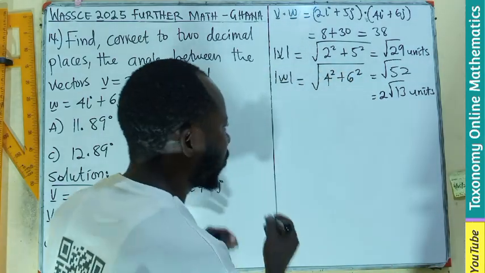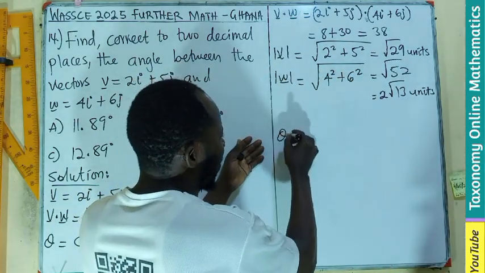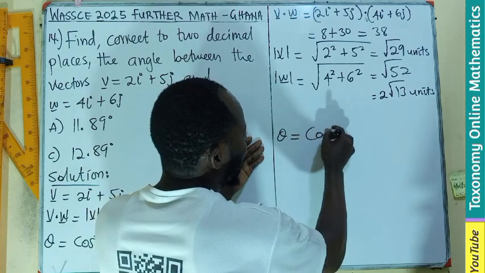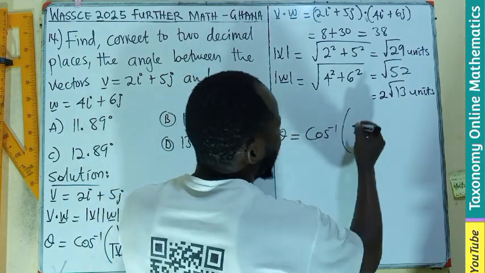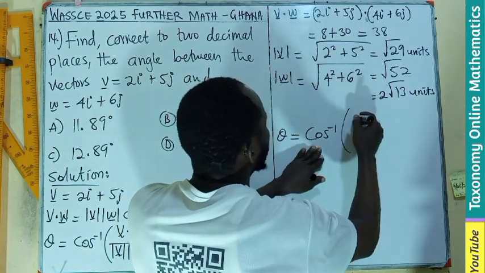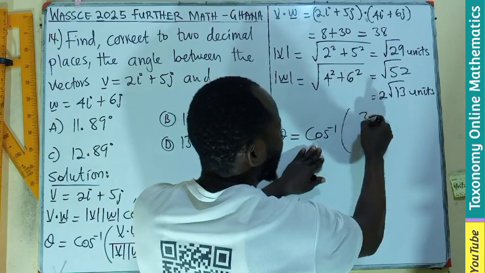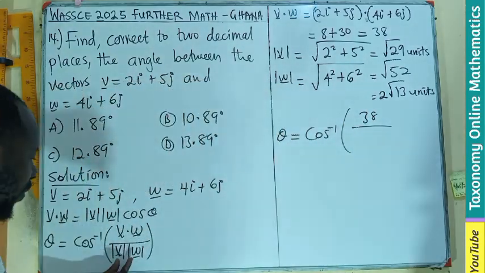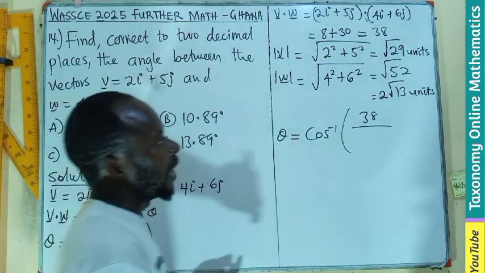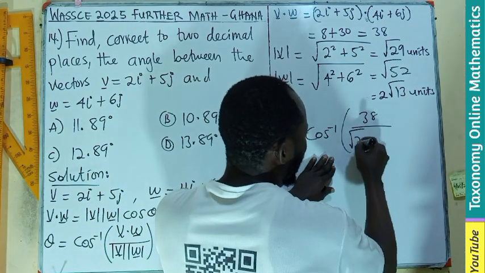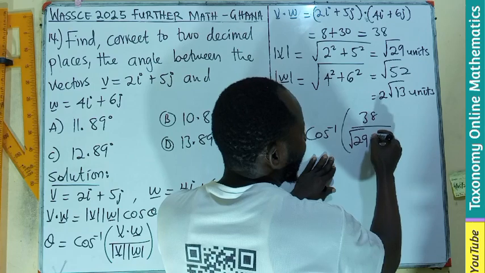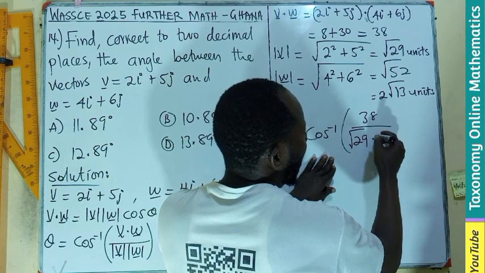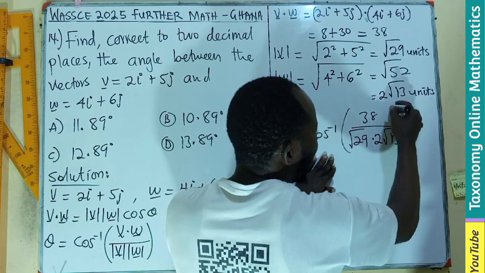So the angle I am looking for is the cos inverse of the dot product, which is 38, divided by the product of the magnitudes, root 29 times 2 root 13.